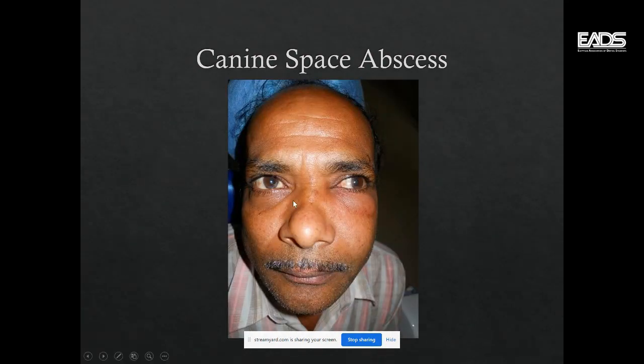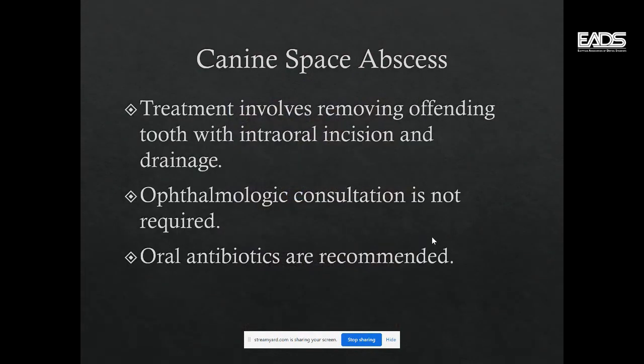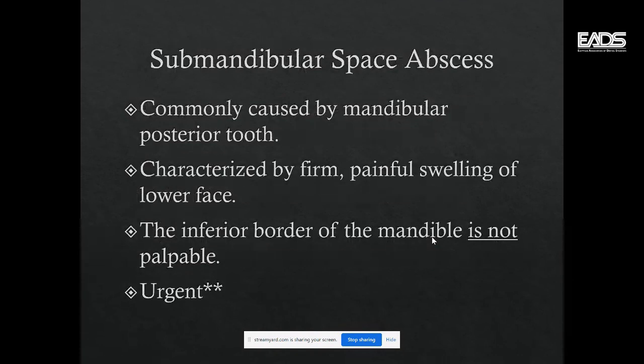Here it is still present, but here it is becoming more flat. This is the canine space abscess, which might be coming from a canine or a premolar. The treatment involves removing the offending tooth, intraoral incision and drainage. We might not need to consult ophthalmologists, and oral antibiotics are usually recommended.